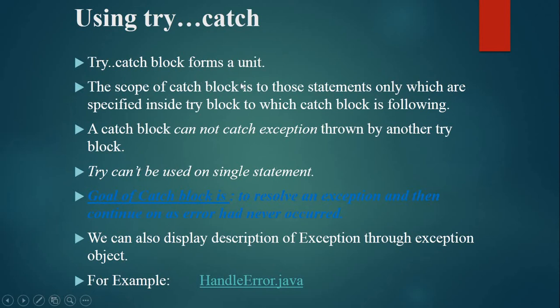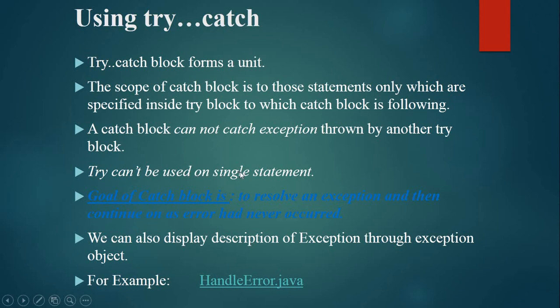Try and catch blocks form a unit. The scope of a catch block is limited to those statements specified inside the try block which the catch block follows. A catch block cannot catch an exception thrown by another try block. It can only handle exceptions of its own try block.